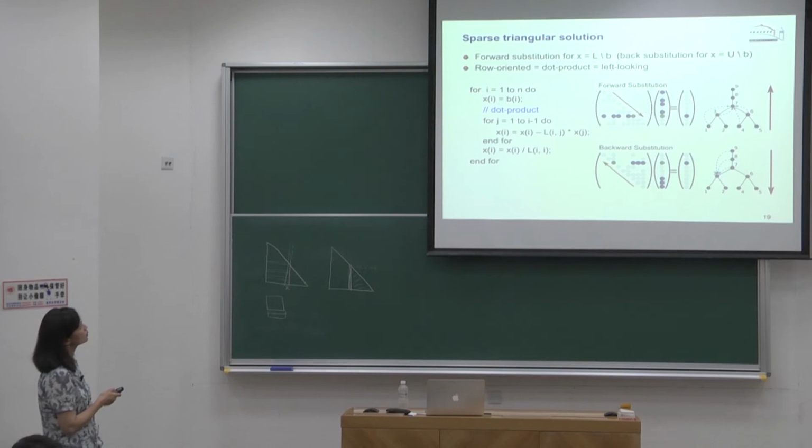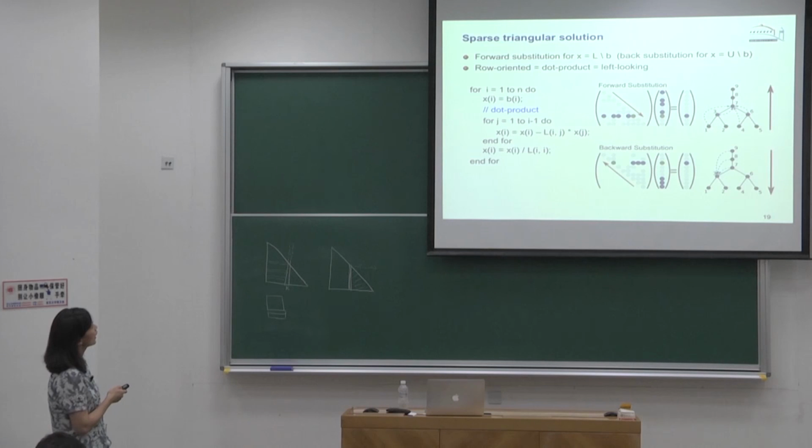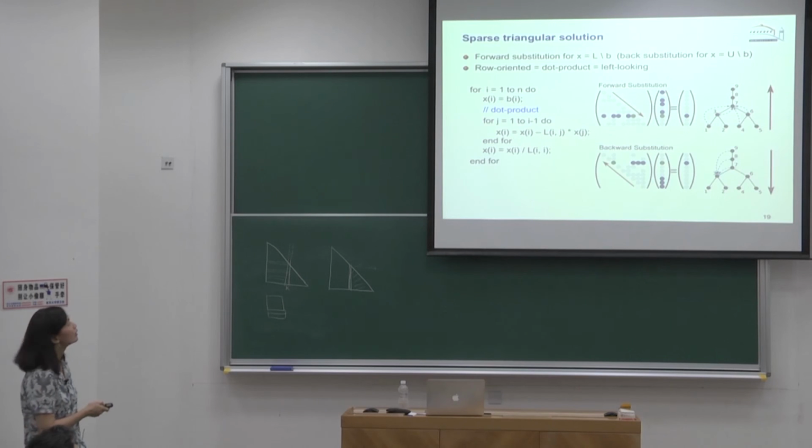Which means I need to accumulate the dot product of this row of the matrix with the corresponding x vector, and then update into the b. Then I do the division. So the first step here is I copy b into the x component, and then I use this row of L to multiply with this j, and then do the update, and in the end do the division.